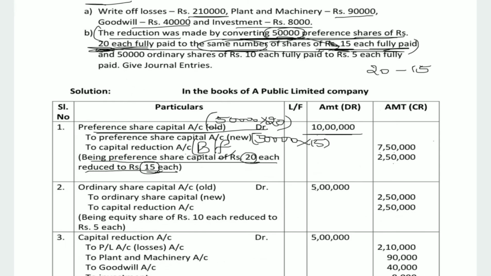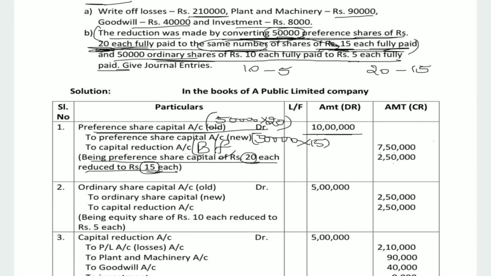So let's continue the statement further. 50,000 ordinary shares of rupees 10 each fully paid to 5 each fully paid. So again the face value of the share is getting reduced from 10 to rupees 5.